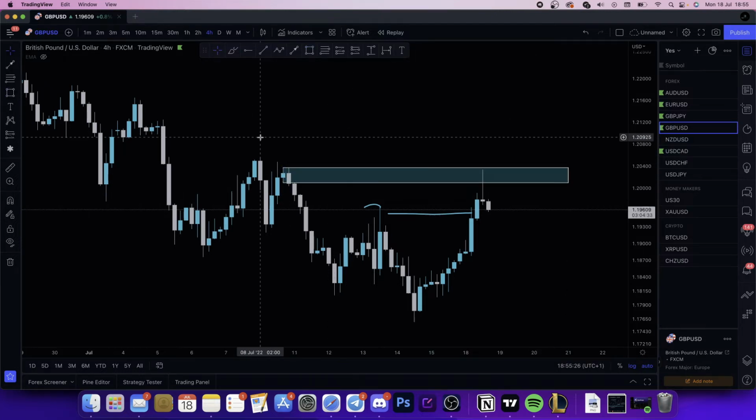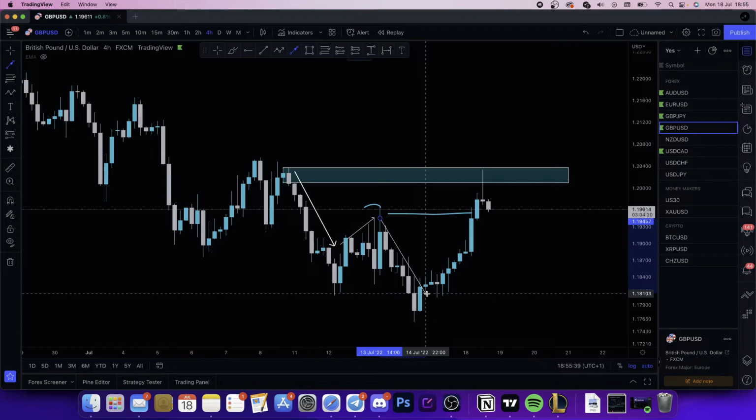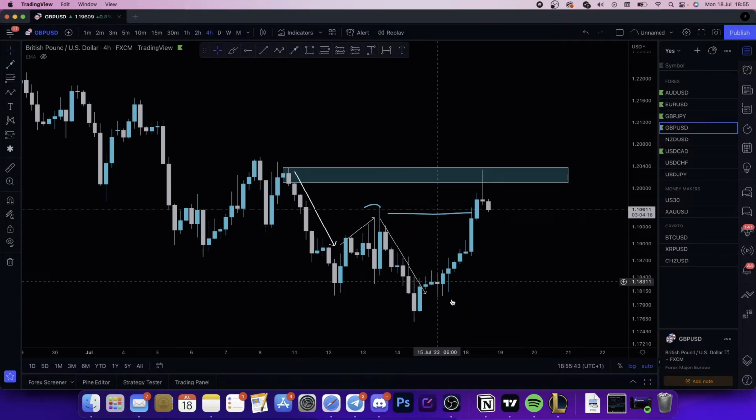This section here is where I was looking to enter my trade. Those who trade smart money concepts will see that price dropped down, price came back up, and then price dropped back down. For a standard formation on smart money concepts, this is very normal. Again, we would be looking to take the trade from here.